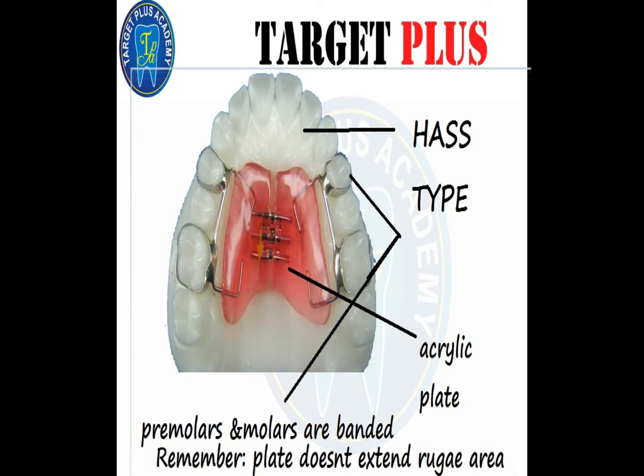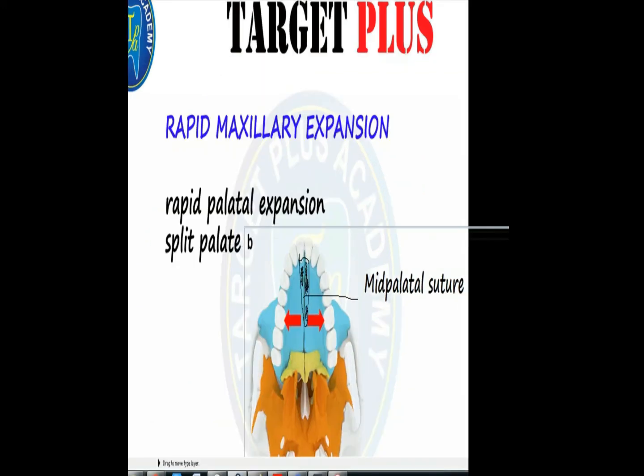Now, what is the principle of these appliances? The basic principle of these appliances involves the generation of forces that are capable of splitting the midpalatal suture. So the forces generated are close to 10 to 20 pounds. Expansion of 0.2 to 0.5 mm should be achieved per day.